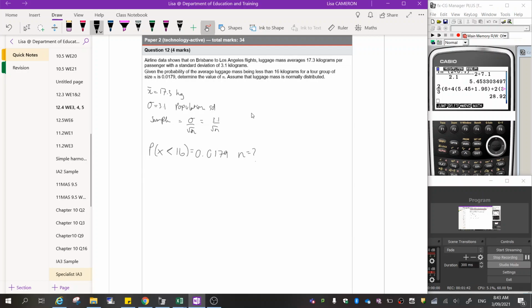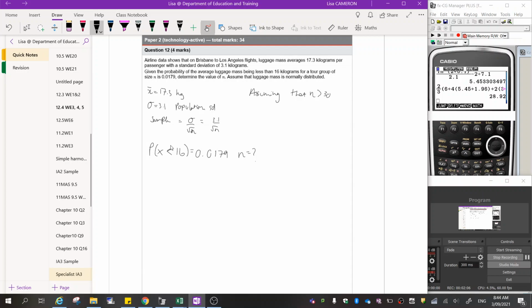Assume that the luggage mass is normally distributed. That means that we are assuming that our size n is going to be greater than 30. So if it's less than 30, you can't assume that it's going to take on normal distribution just because there's not enough things in the sample to give it that shape. Okay, so let's get started.